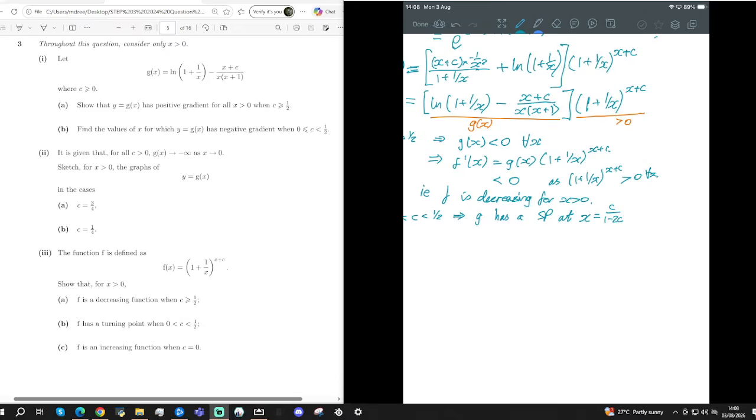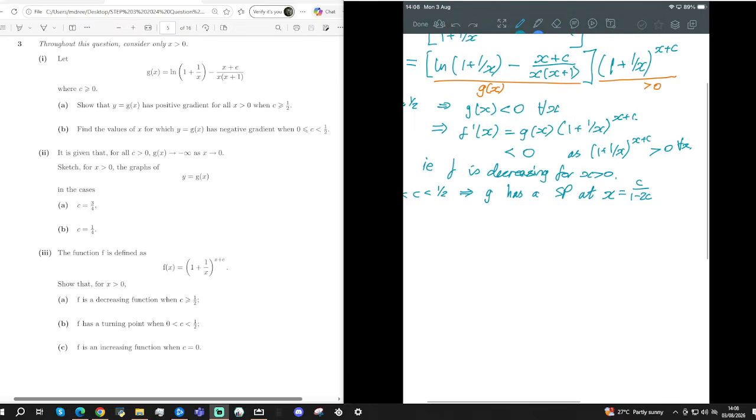Now, when I showed it was positive with the particular situation of c being a quarter, I could use the fact that ln 3 was less than 1 to compare these values. Maybe something similar will happen. Feels a little unlikely. Trying to think if there's a better way, but it's got to the point now where I feel like I just have to do it.